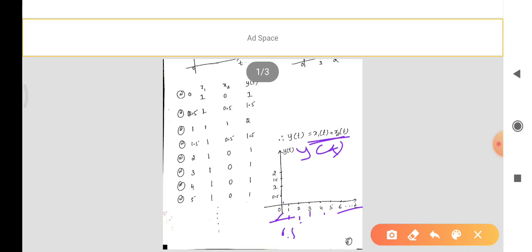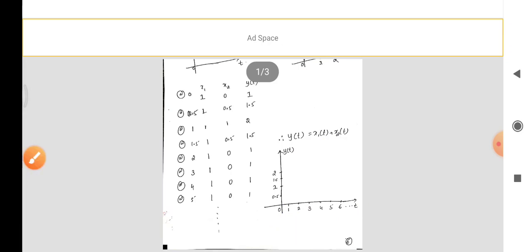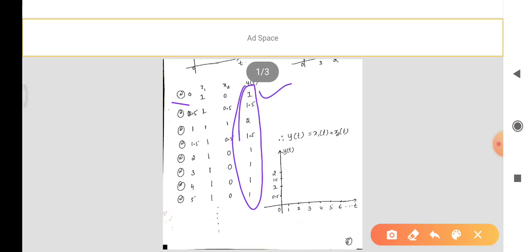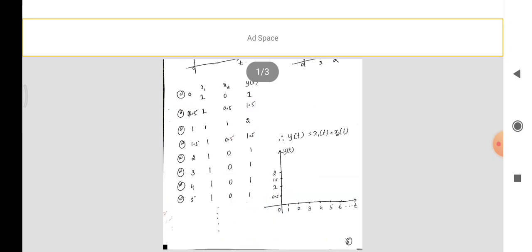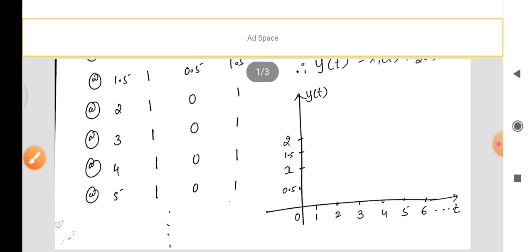We'll mark it at 0. At 0, what is y of t? In the added last column we have to consider, at 0 its value is 1. And then at 2 is how much?